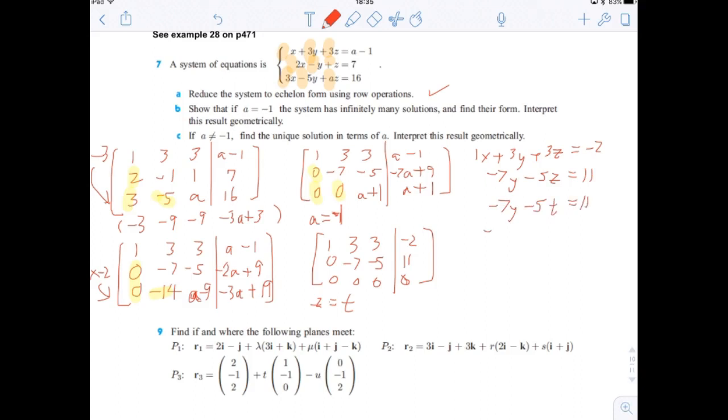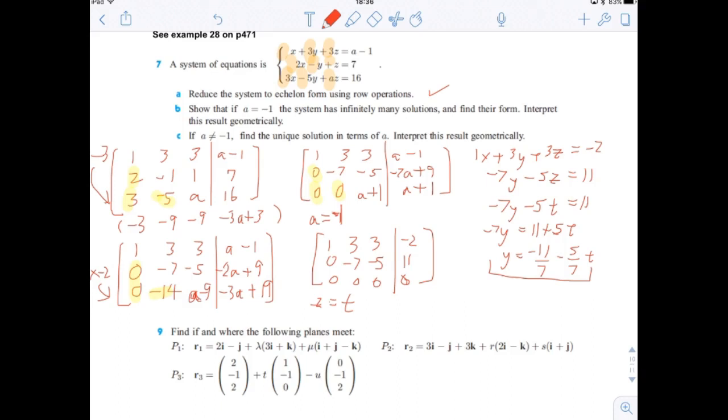So we'll know that y is equal to 11 plus 5t, and then y is equal to -11 sevenths minus 5/7 t. Okay, and so that would be the value of y.